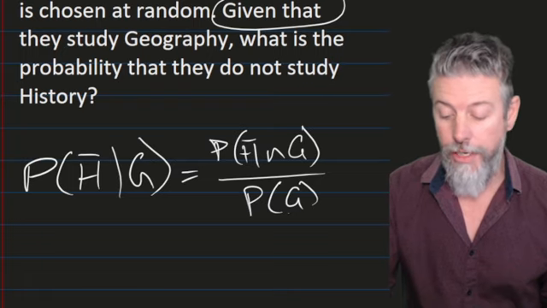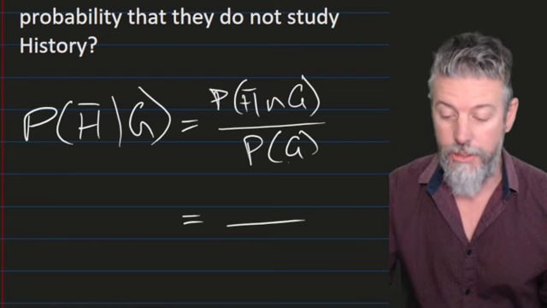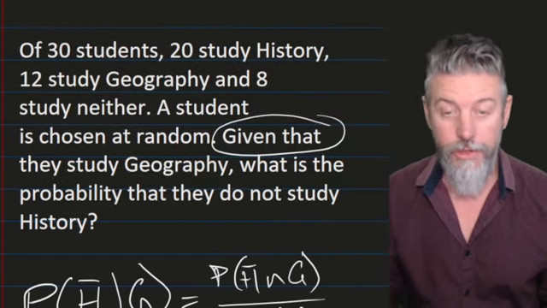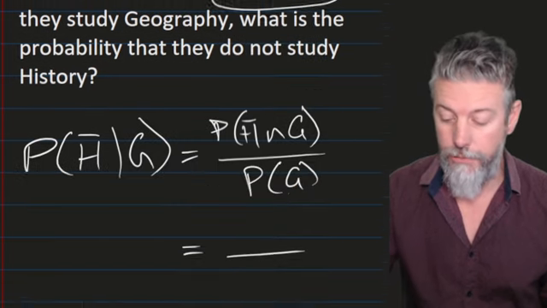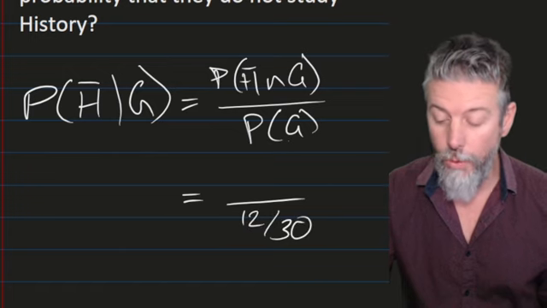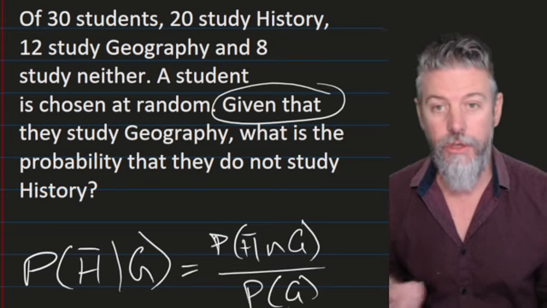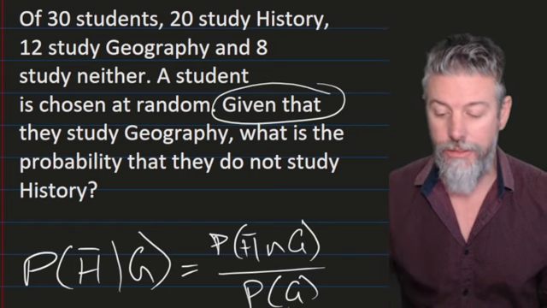Now, this bottom part of this fraction is easy. We can work out the probability of them studying geography because out of 30 students, 12 of them study geography. So the probability is just 12 out of 30. What's the problem is this bit on the top. What's the probability of not studying history and studying geography?